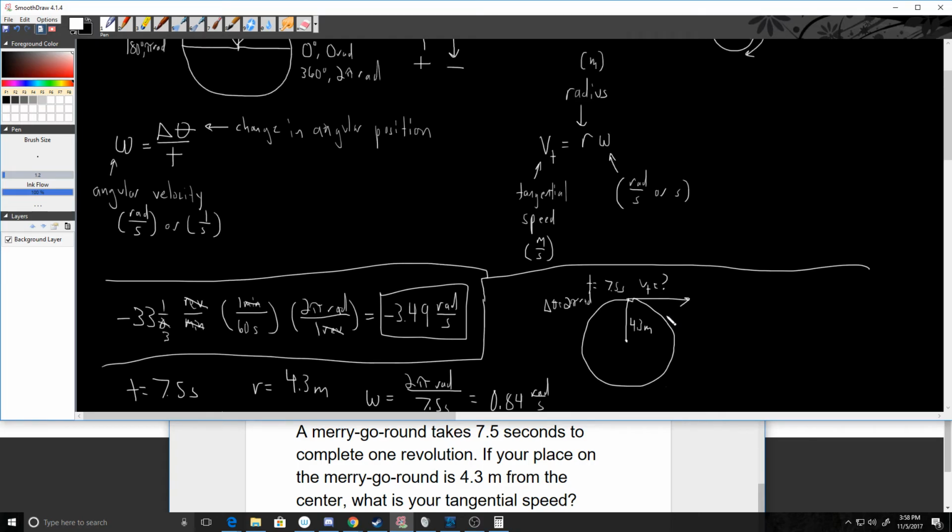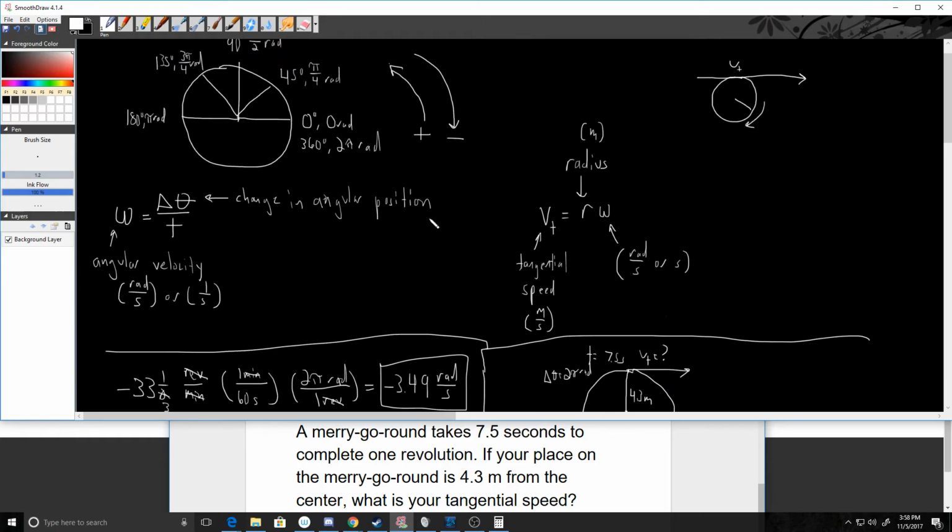One of the things we should intuitively see is that the farther away from the middle we go, the faster our tangential speed should be. Let's say I have a 1 meter tall wooden board that falls to the ground, compared to a 3 meter tall board that needs to fall to the ground.